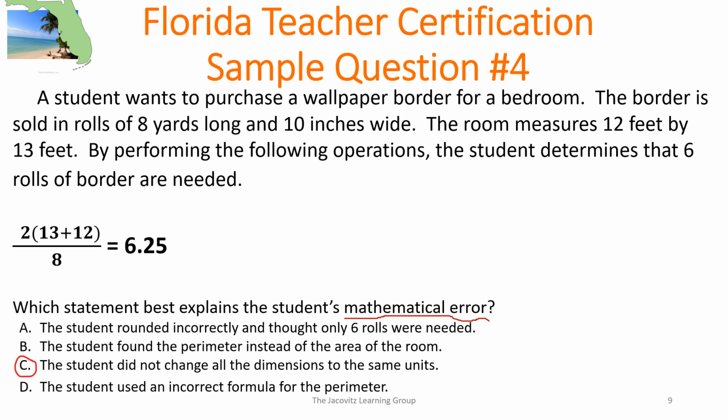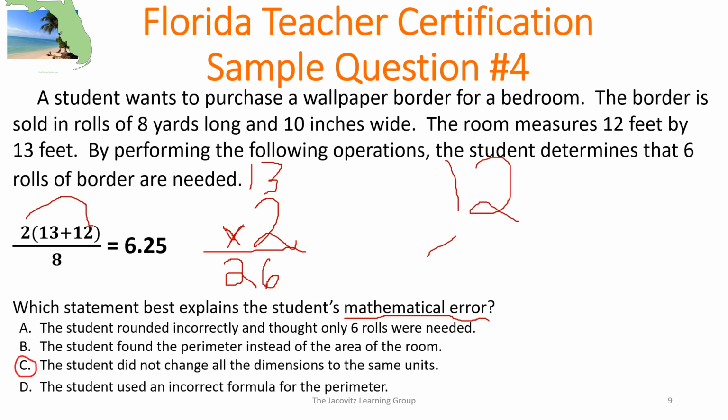If you go and do this math, 2 times 13 is 26. And 2 times 12 is 24.